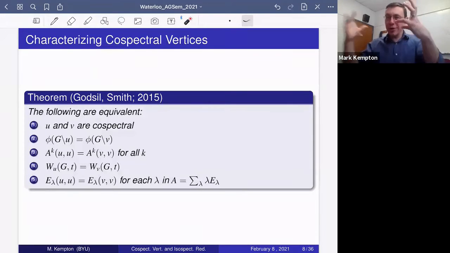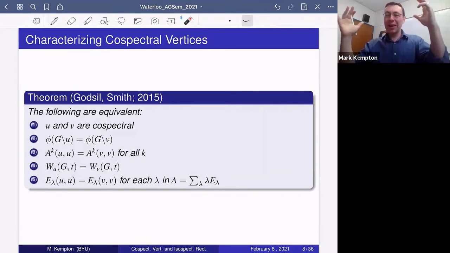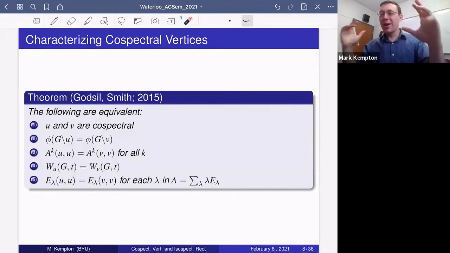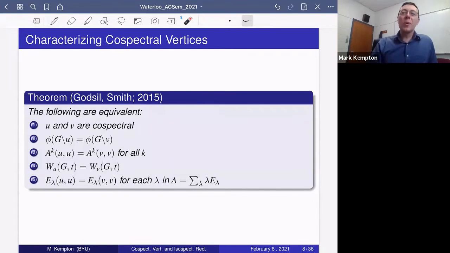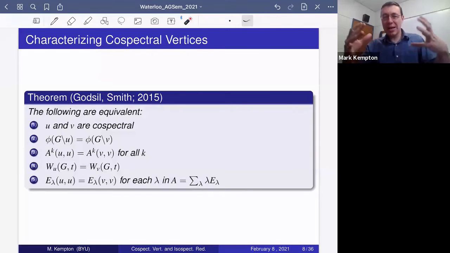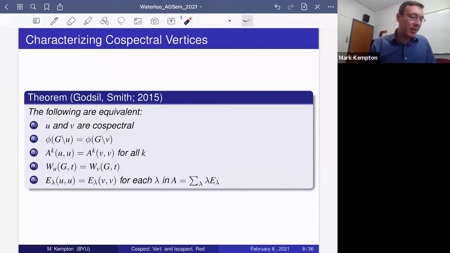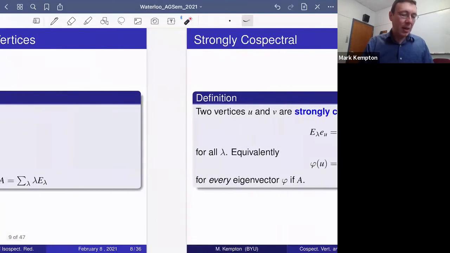If I just look at the graph, is there a way to tell if two vertices are cospectral to each other? I think this is still an important question to try to answer, to try to give a full characterization of this. I'm not going to answer that question today, but I am going to give another characterization of cospectral vertices that perhaps helps give some intuition as to what this means.